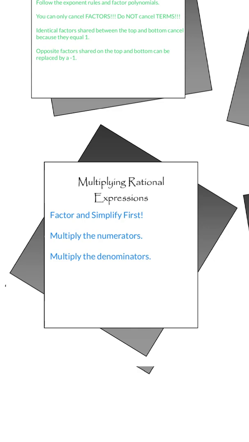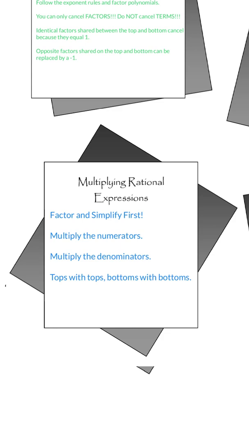The way I say this is tops with tops, bottoms with bottoms. That's basically the gist of multiplying rational expressions. So the tops will multiply each other, the bottoms will multiply each other. They don't do anything funky.